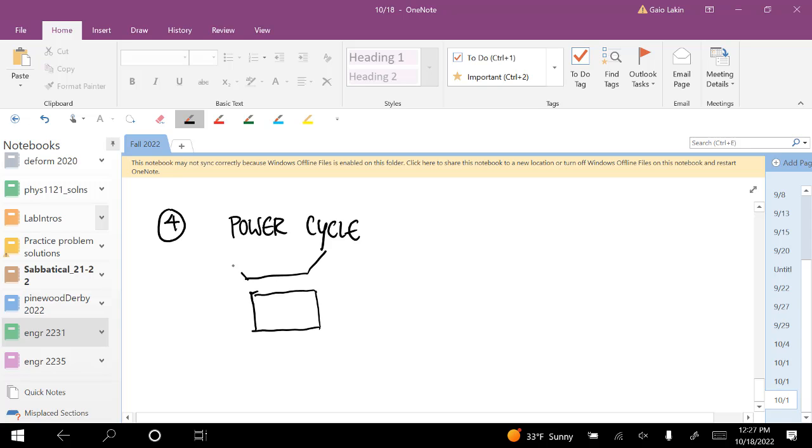The high temperature reservoir, we're just saying has a temperature T. We don't know what that is. And the low temperature reservoir is 280 Kelvin. And it develops 40 kilowatts of power.